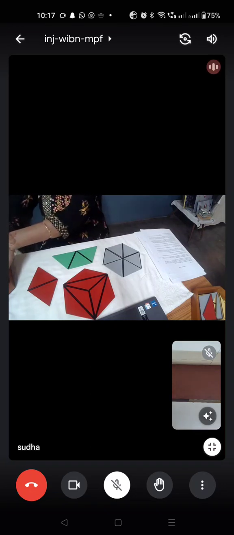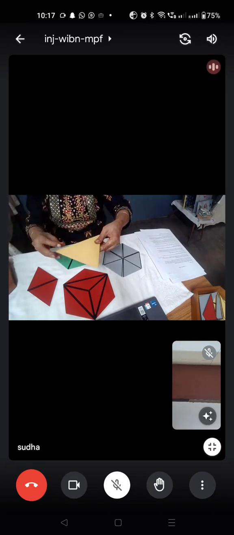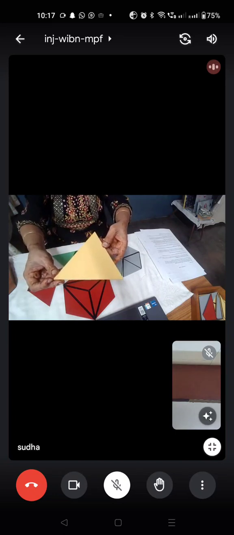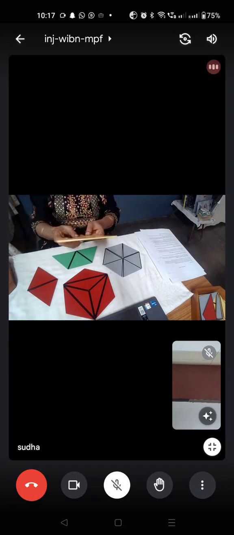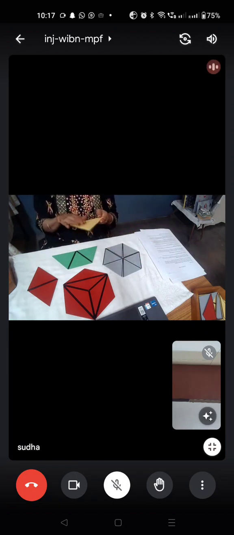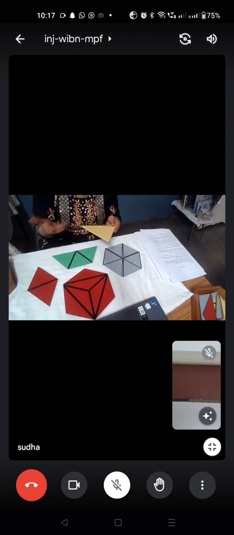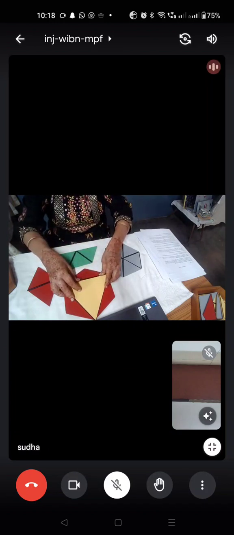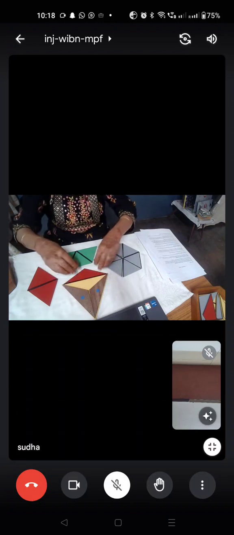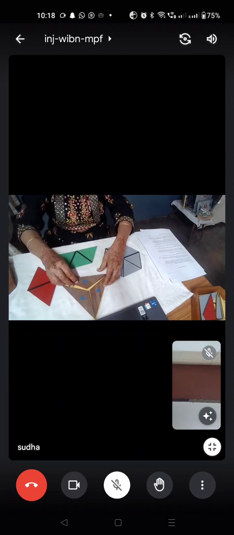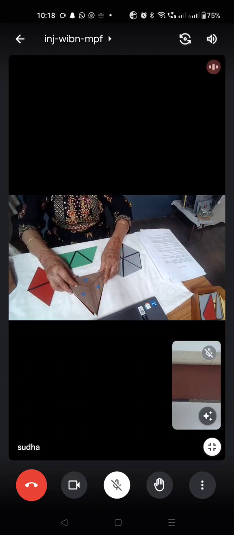In this box we have another triangle which is in yellow color. You are seeing this triangle, yellow, which doesn't have any black line. So here also you might ask me, what should I do with this? What is the relationship? If you put this on this hexagon he has formed and you fold these triangles, what is the relationship that you can see?